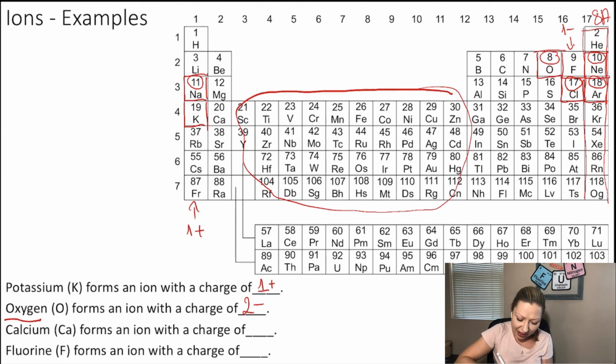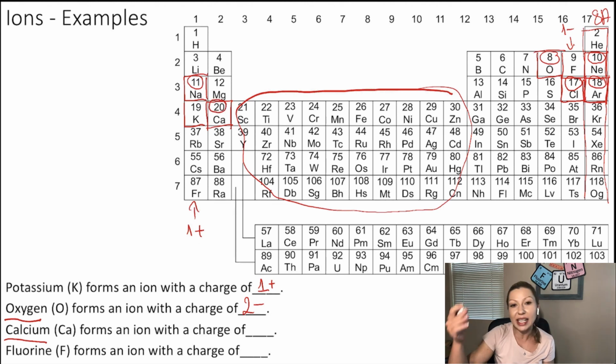Okay, let's look at calcium. Where is calcium? Calcium is element number 20 right here, and it is an alkali earth metal. Which noble gas is the closest to calcium? Again, argon, right? It's number 18. Calcium is number 20.